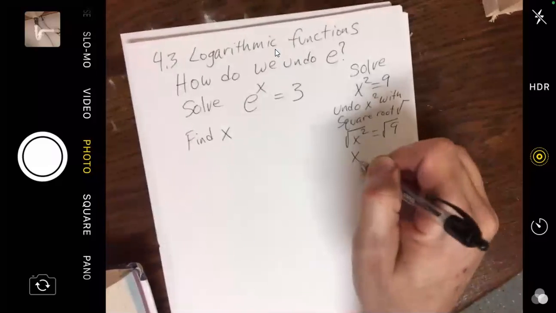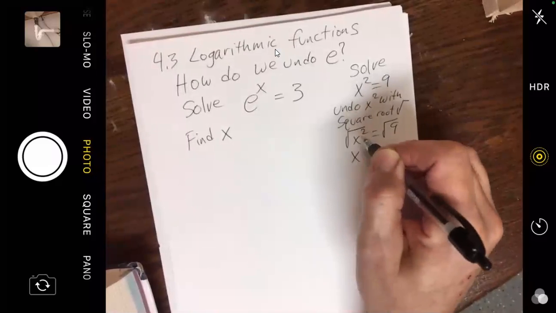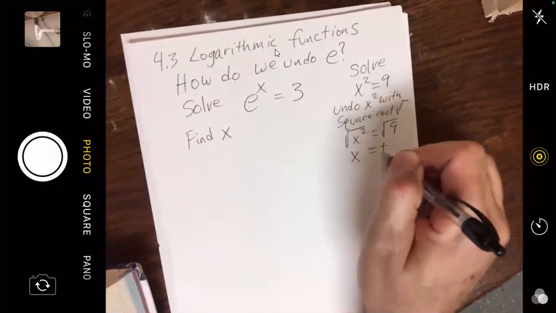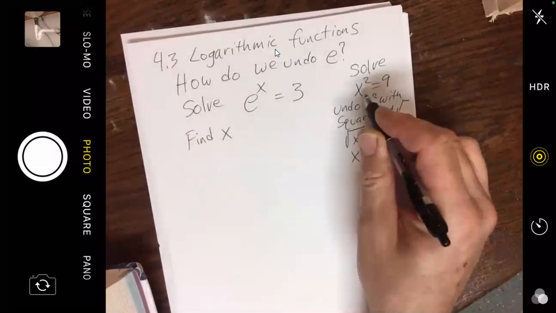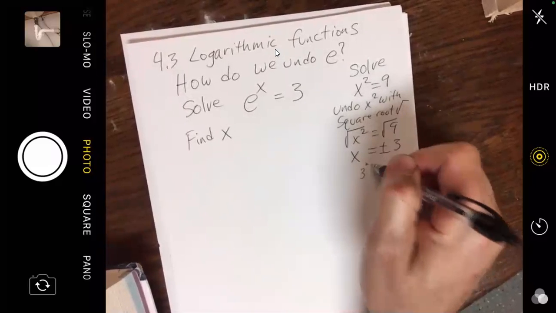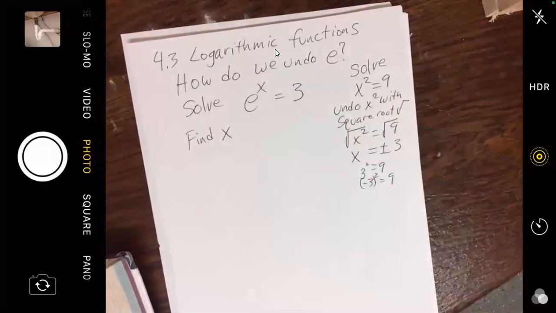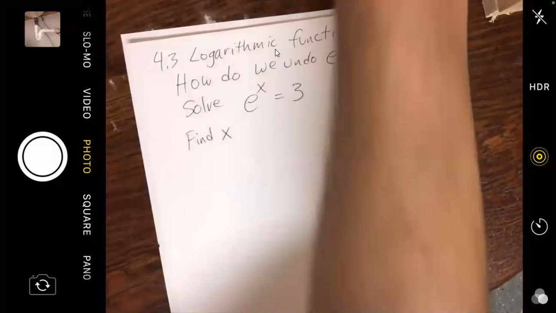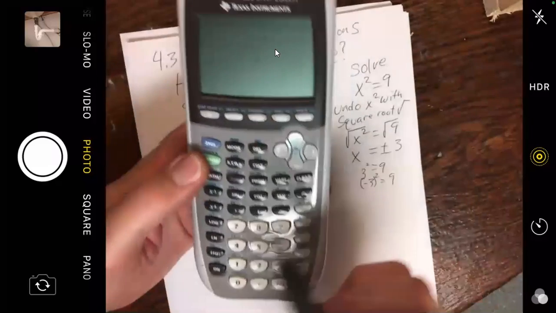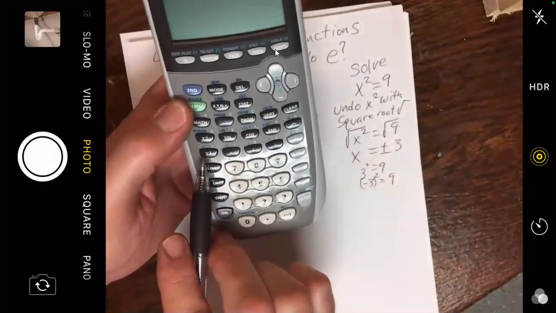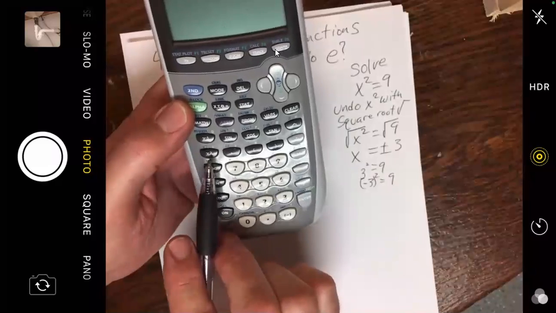On an equation, the square root of x squared undoes, and you would get plus or minus 3. And you could plug both in: 3 squared equals 9, and negative 3 squared equals 9. So both numbers work. All right. And so you're used to this. Functions that undo each other are paired on the same key.